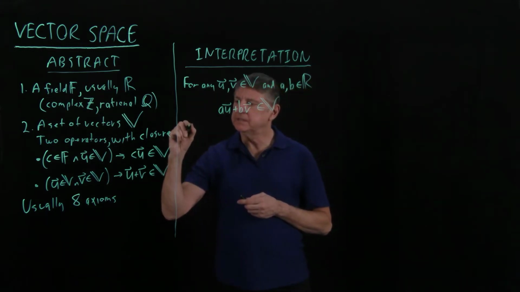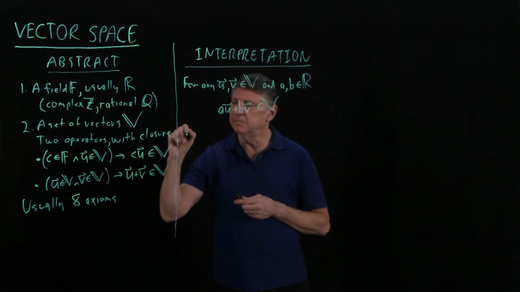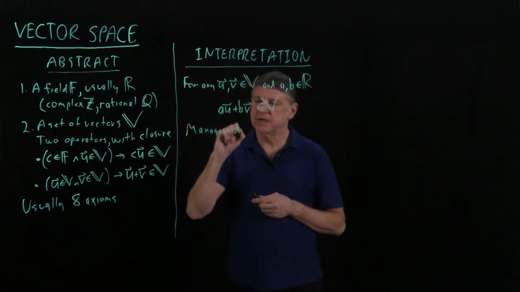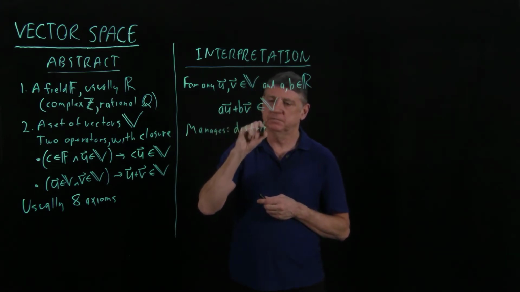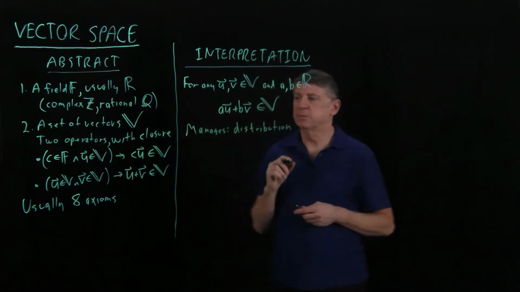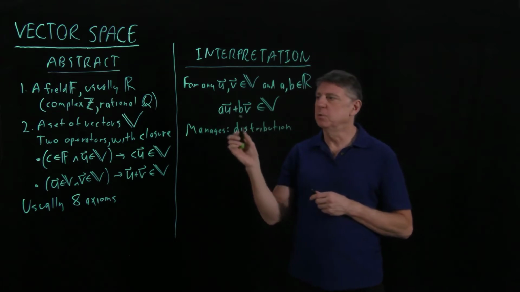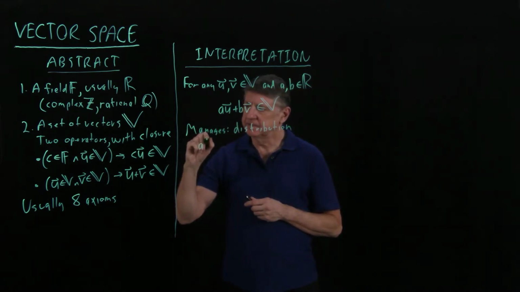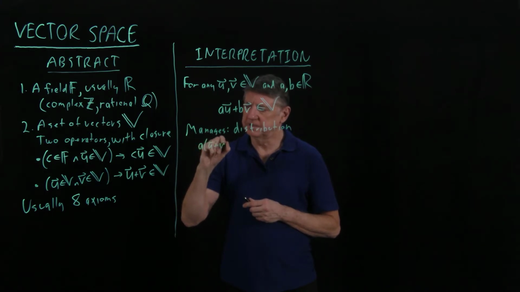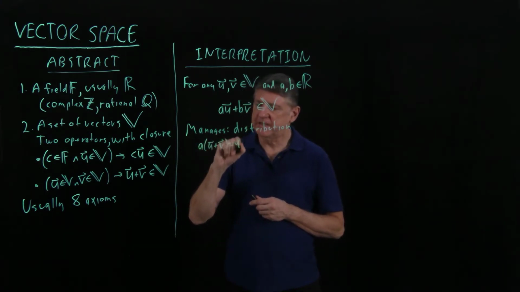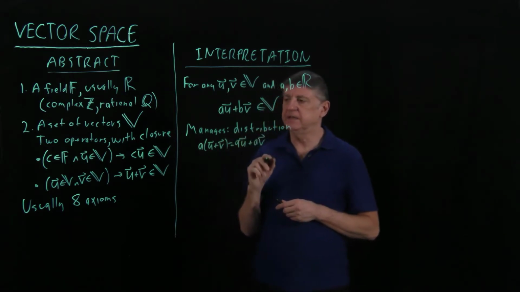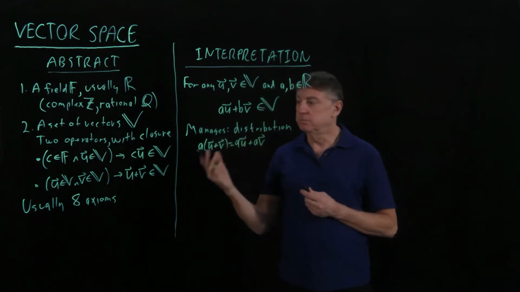So this manages, we'll say, this manages distribution. For example, if you just multiply, that means that a times u plus v equals a u plus a v, and commutative.